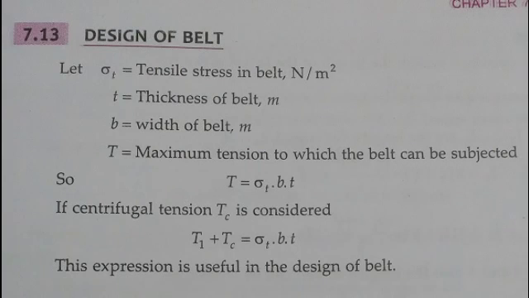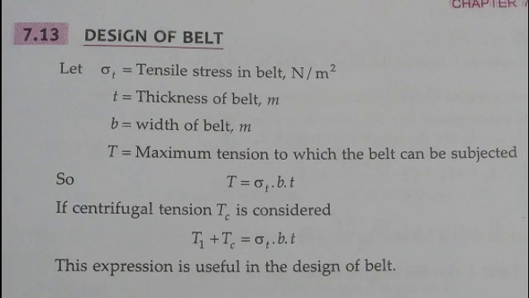There is an expression which is required for designing of a belt. Here sigma T is the tensile stress in the belt, in Newton per meter square. Small t is the thickness of the belt in meter, small b is the width of the belt in meter, and capital T is the maximum tension to which the belt can be subjected.